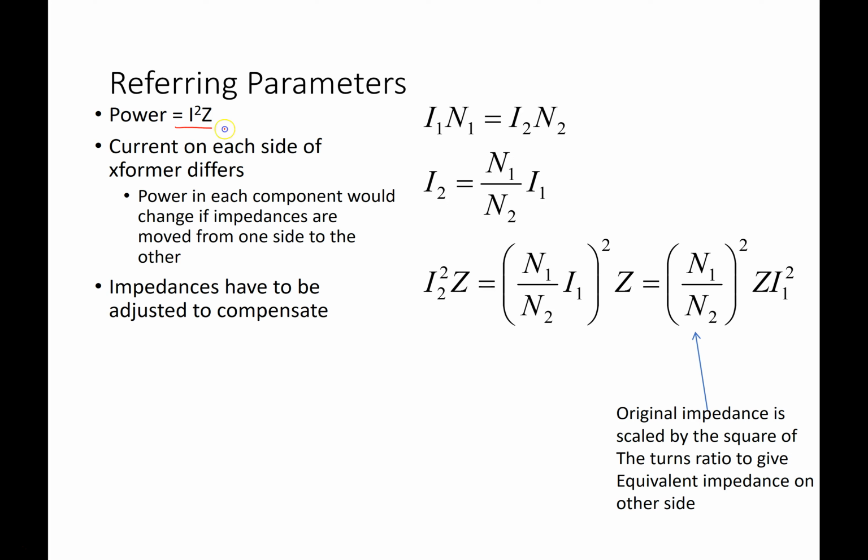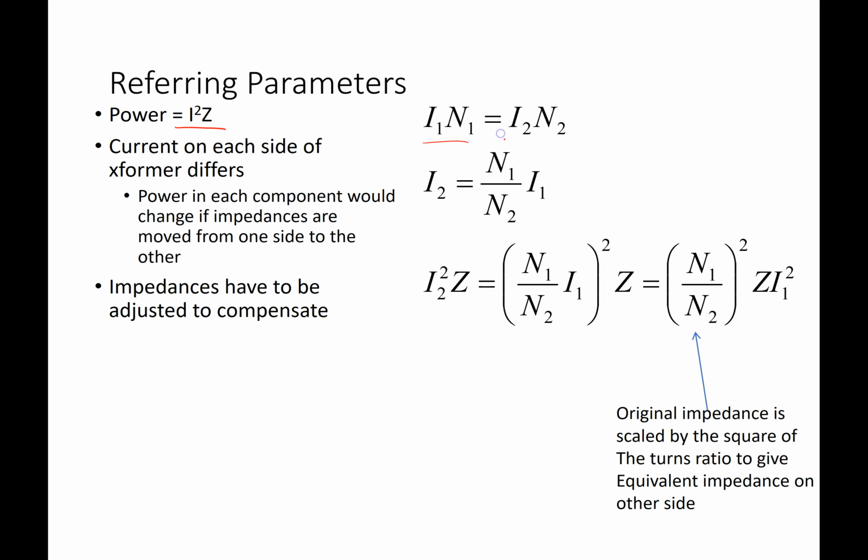Now we know power is equal to I squared Z. But since the current on each side of the transformer differs, if we simply transplant the impedance with the value from the secondary side, for example, and put it on the primary side, we're going to have a different power dissipation in the component. So what we need to do is adjust the impedance so that it gives the same power dissipation as it would if it was on the correct side of the transformer.